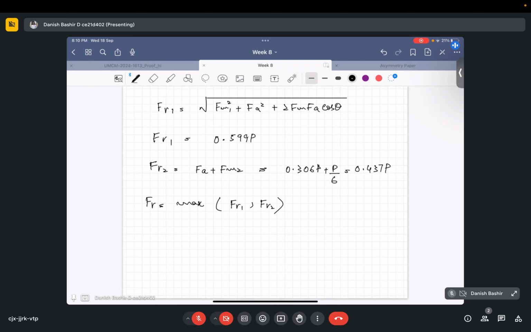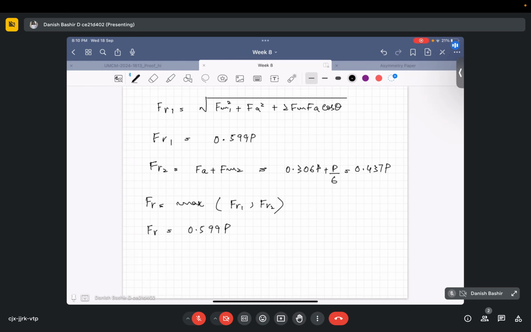We have to take the maximum for the safe load. So the resultant force Fr we will take as 0.599 P on each bolt.